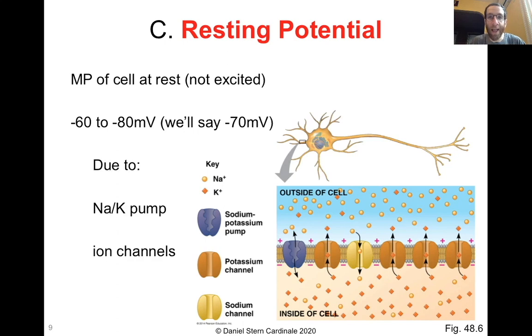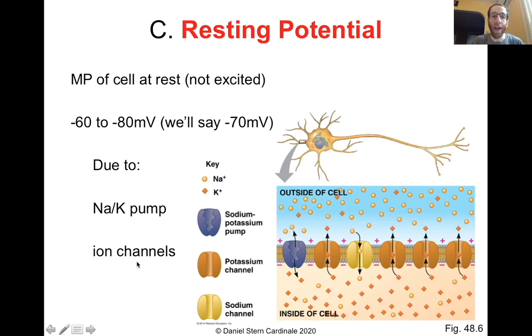There are 2 main things that are driving this resting potential, and we'll talk about all of them over the next few minutes here. One of them is something that we've talked about a lot, the sodium-potassium pump. And then working alongside that are ion channels that are open and closed at different times that are going to facilitate different ions being in different places, either inside or outside the membrane.